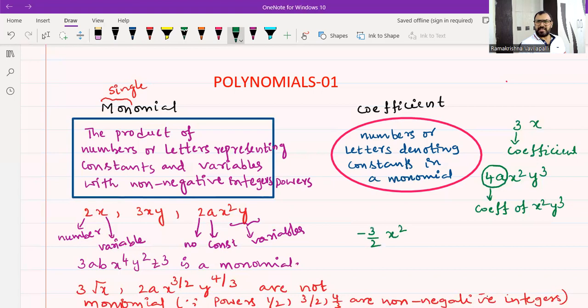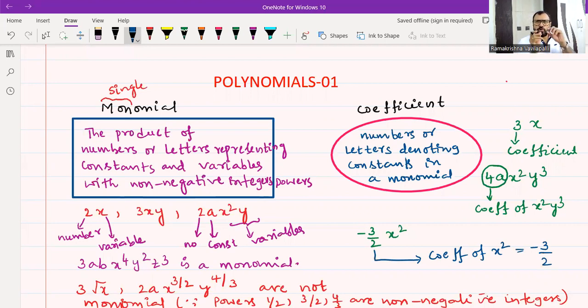In this, that minus 3 by 2 is called the coefficient of x square. So if I ask what is the coefficient of x square, you must say it is equal to minus 3 by 2. Either a number or a letter denoting constants.